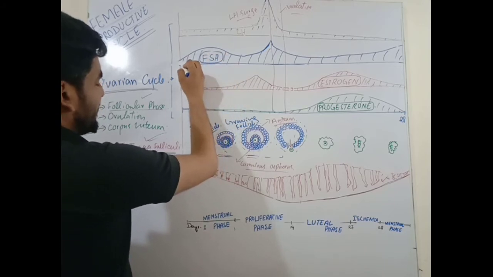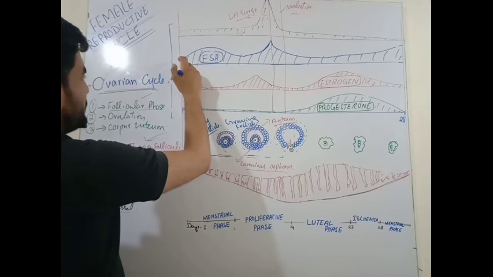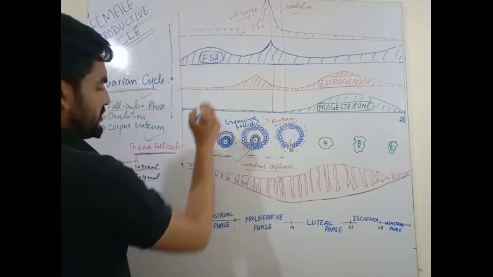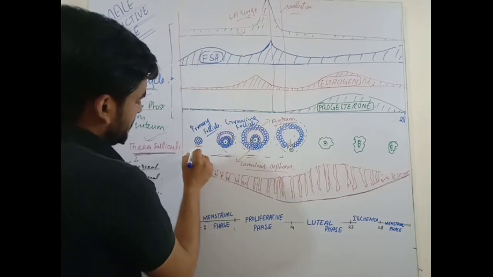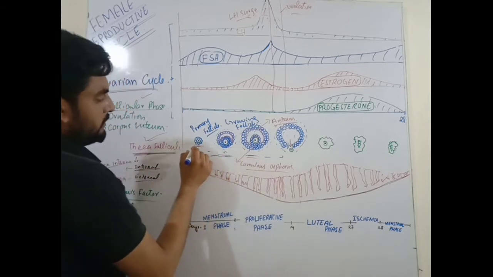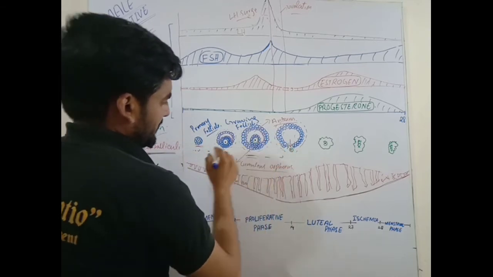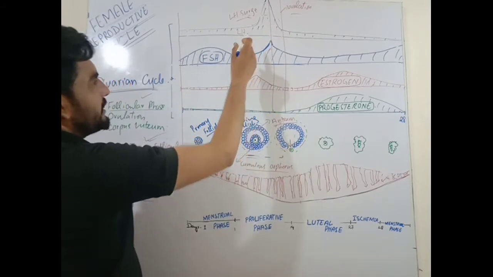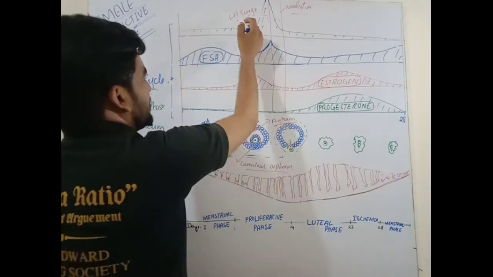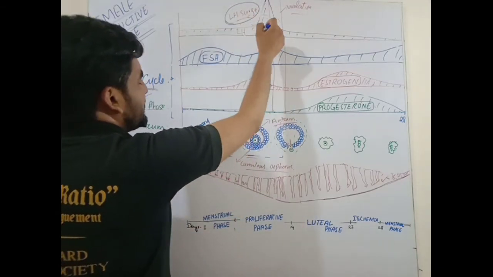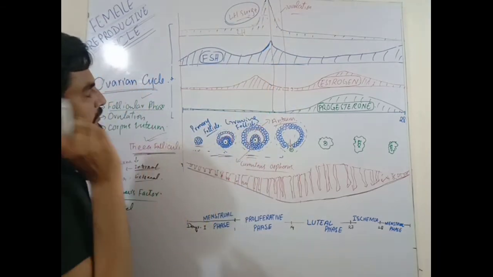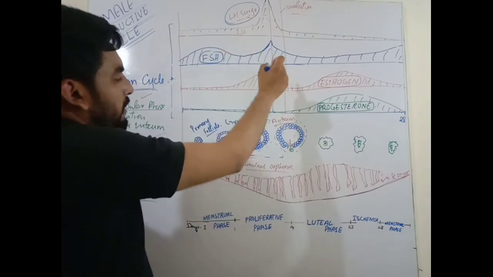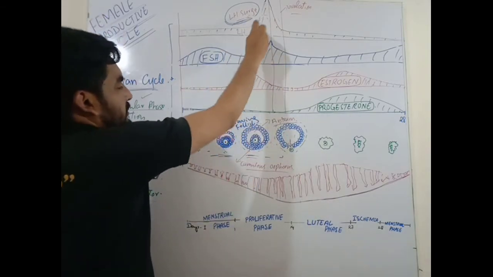You can see here, when FSH starts to be secreted from the pituitary gland, it increases in concentration, and alongside there is a formation of follicles, primary follicles to secondary follicles, and finally at this level LH hormone is being secreted from the pituitary gland, and the LH surge, that is the increase in the concentration of luteinizing hormone, is the cause of ovulation. This is called the LH surge.